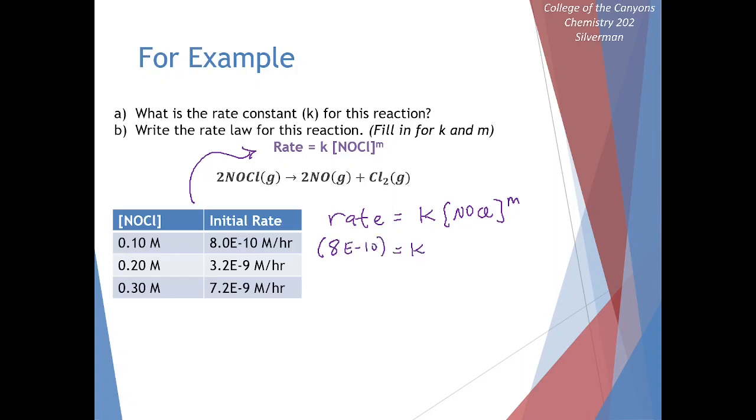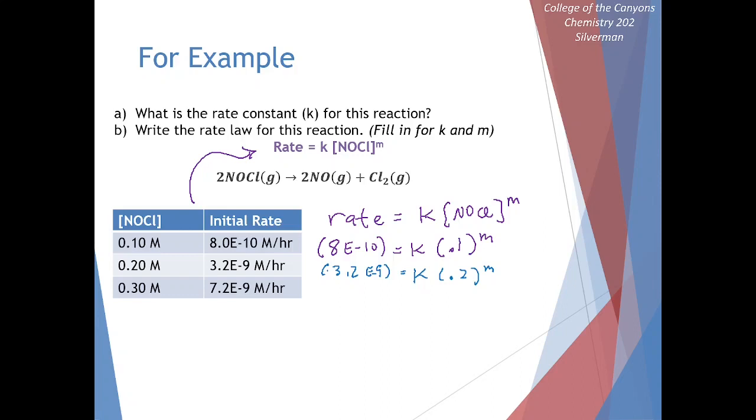This is equal to k times our concentration, which is 0.1, raised to the m. For trial 2, we can do the same thing. We have 3.2 times 10 to the negative 9 is equal to our rate constant times 0.2 raised to the m. And likewise, we can do this with our third trial, 0.3 and 7.2 times 10 to the negative 9.